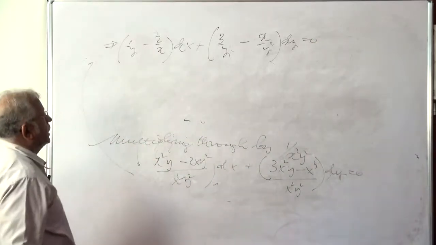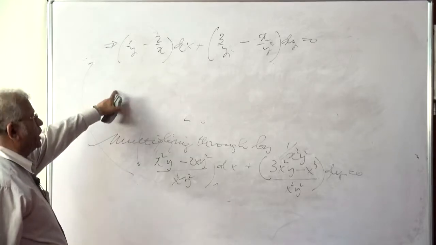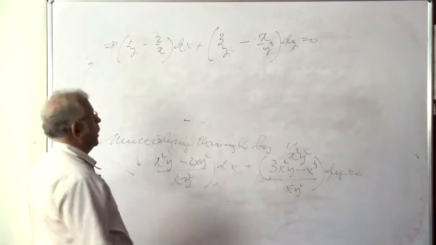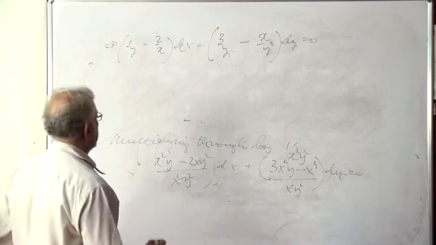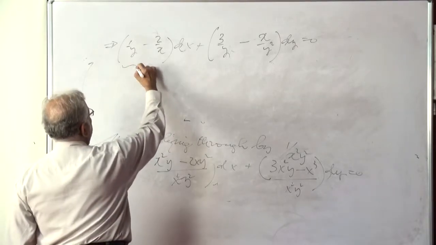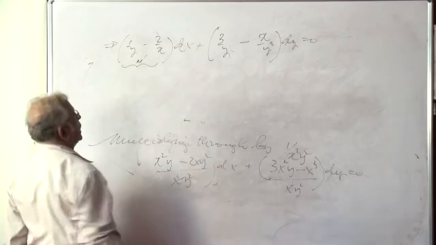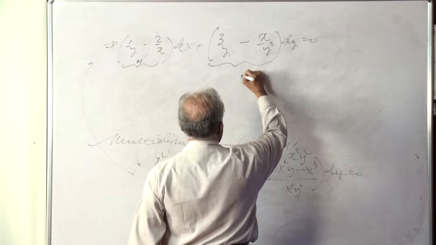So we have this as an equation of the form fresh M dx plus N dy is equal to 0, where this particular function is a new M, which we can call M dashed, and this particular function can be given a name N dashed.